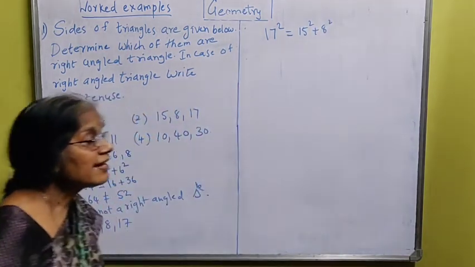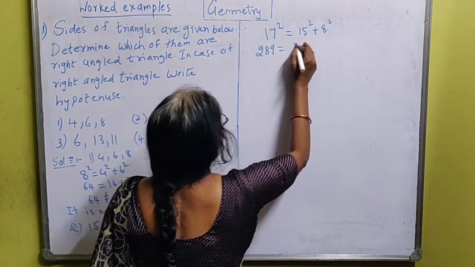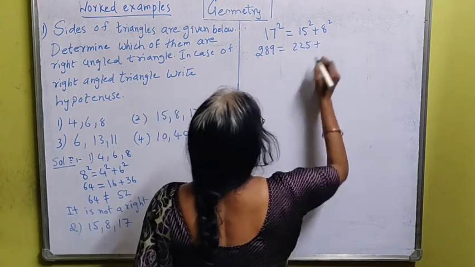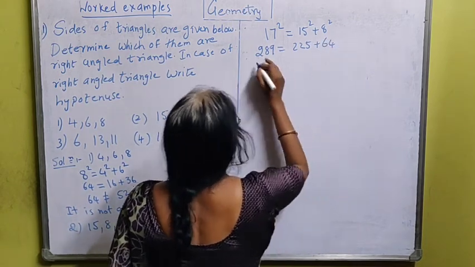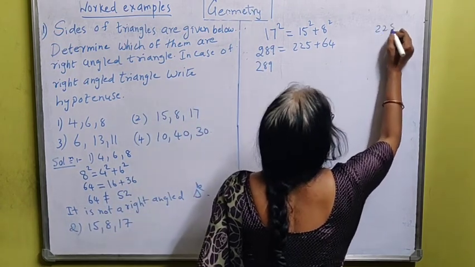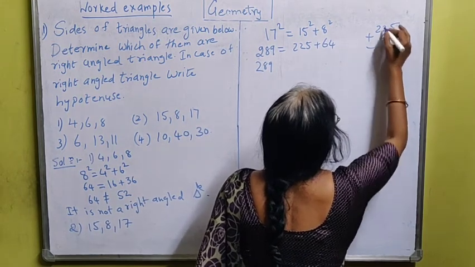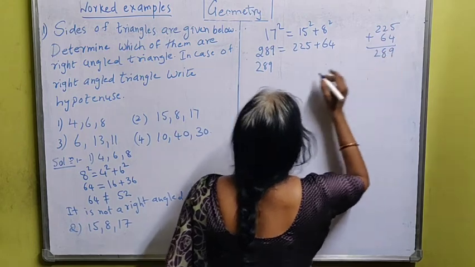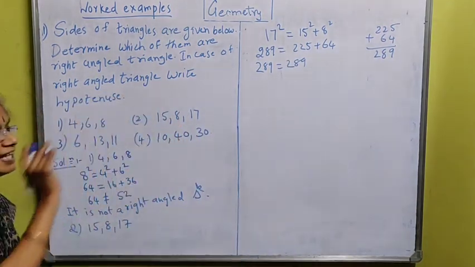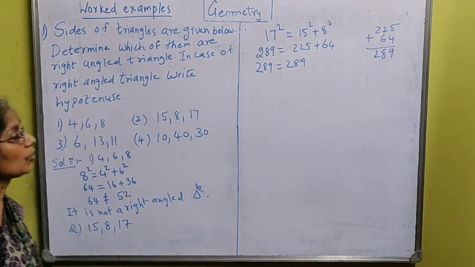What is 17 square? 17 square is 289. 15 square is 225. 8 square is 64. If we add 225 and 64, what shall we get? 5 plus 4 is 9. 2 plus 6 is 8 and 2. So we got 289. Means this is a right angle triangle because it abides by the Pythagoras theorem.